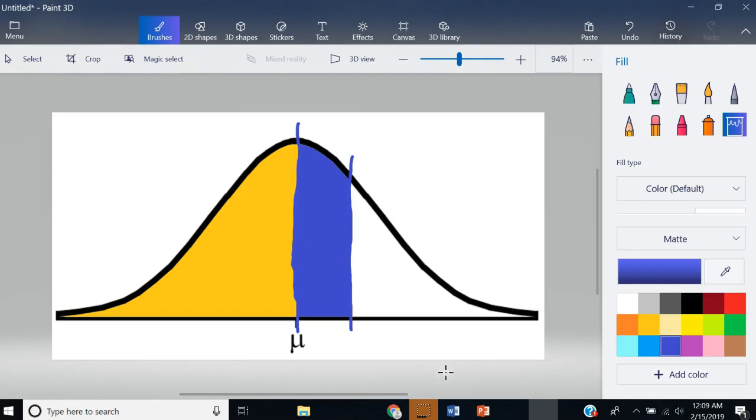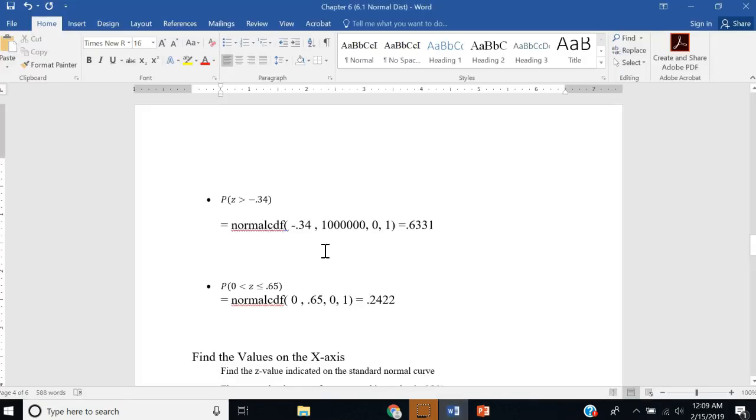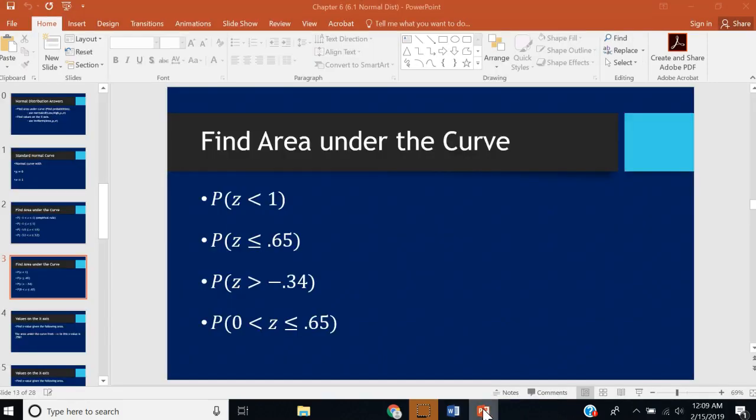Now, that's not super important right now on these problems where we have to use normal CDF, but it is going to be very important on the next type of problem.